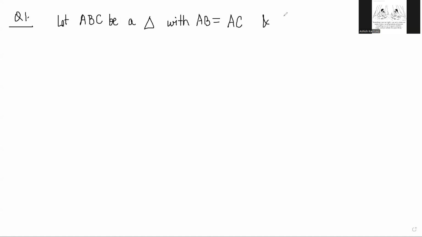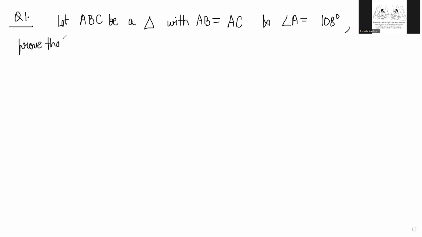Okay. We'll continue with questions related to similar triangles. This is the first question. Similarity is what we are going to focus on. Let ABC be a triangle with AB equal to AC and angle A is equal to 108 degrees.